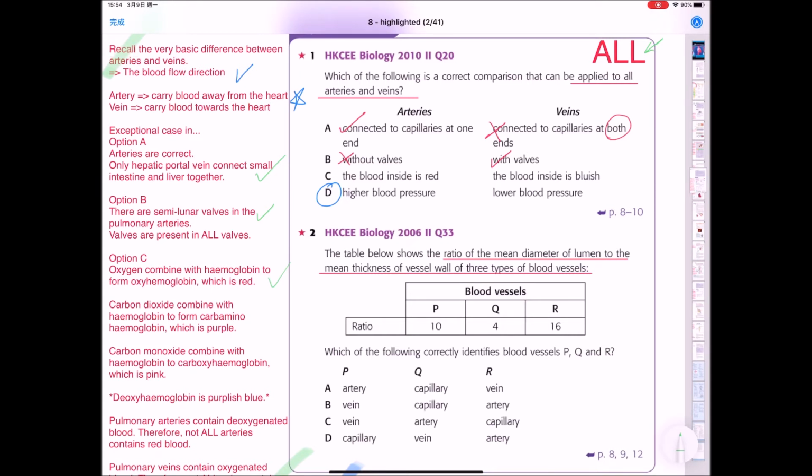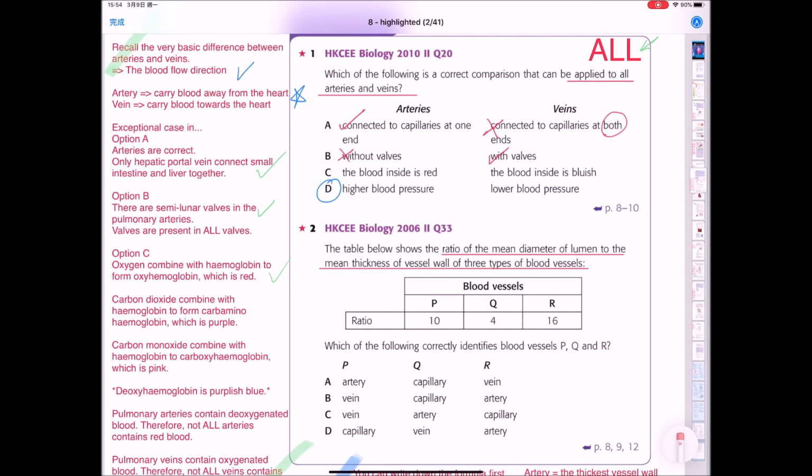For the veins, the deoxygenated blood has no oxygen at all, so the blood is not red and maybe purplish blue. Some students just grab these two ideas and think this answer is correct, and of course it's wrong. Before I explain why, I also need to talk about carbon monoxide.